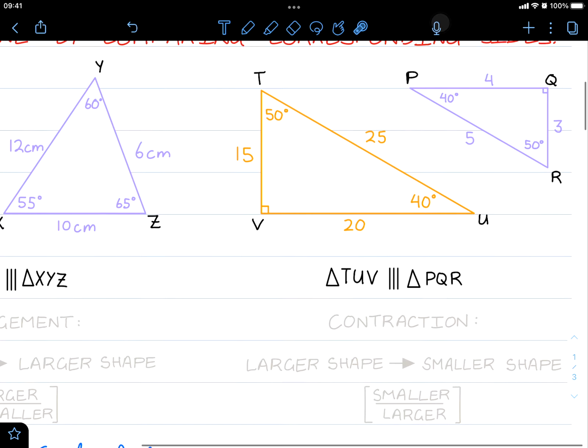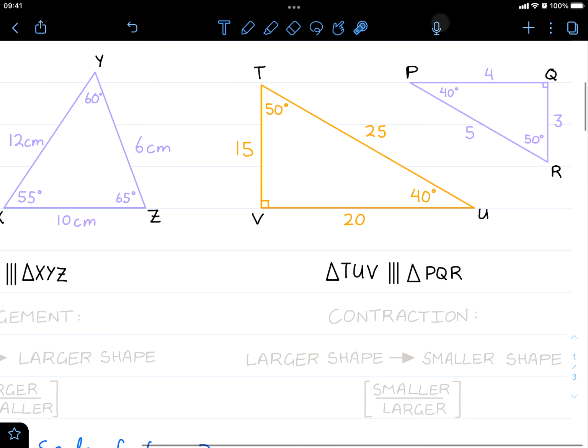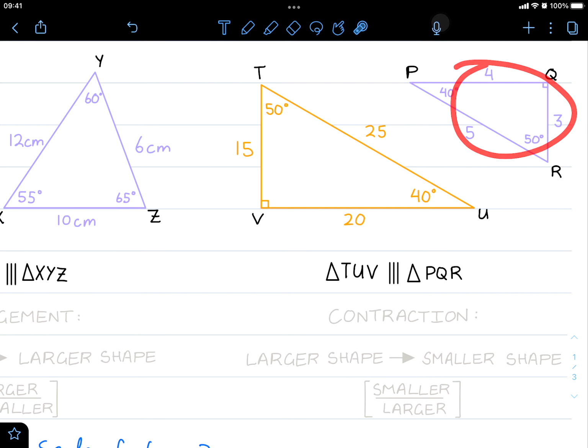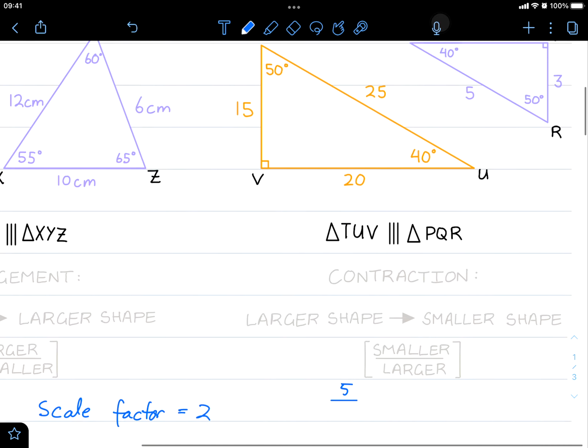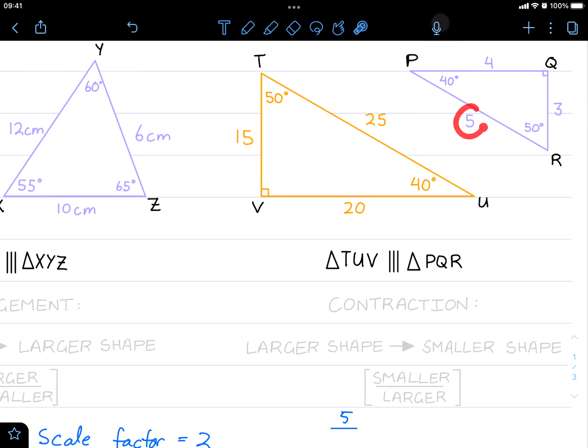So to find the scale factor here, let's just pick the smaller number. Let's pick any side length from this triangle here. I'm going to pick 5 to make it easy. So let's go 5 divided by, well, 5 is opposite the 90 degrees.